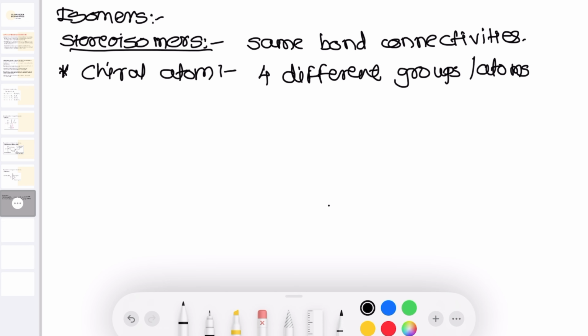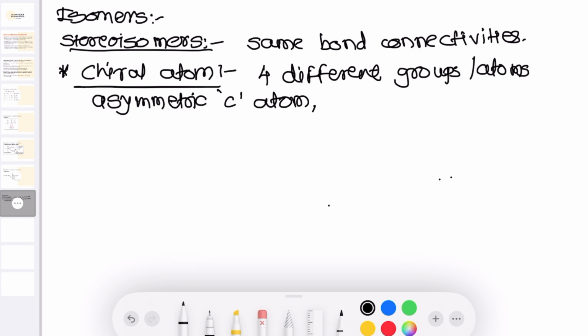Such an atom is also called an asymmetric carbon atom. Another name for chiral carbon is asymmetric carbon atom. It is always represented by making a star on the carbon atom. This is the simple representation.